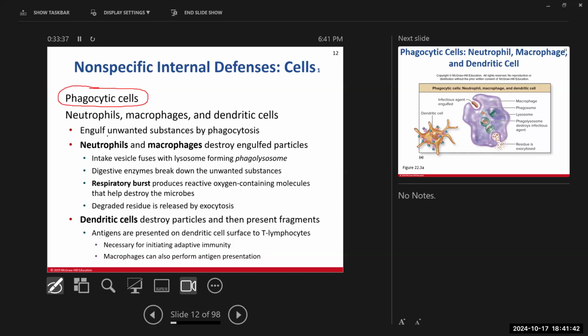They're going to completely engulf unwanted substances by eating them. Inside of these cells, they are going to have specific organelles, like lysosomes, for example, that are going to destroy whatever that unwanted substance was. It could be cell debris, right? It could actually be a bacterium, right? Or a virus. And so what they'll do is they'll digest it. They'll actually gobble it up.